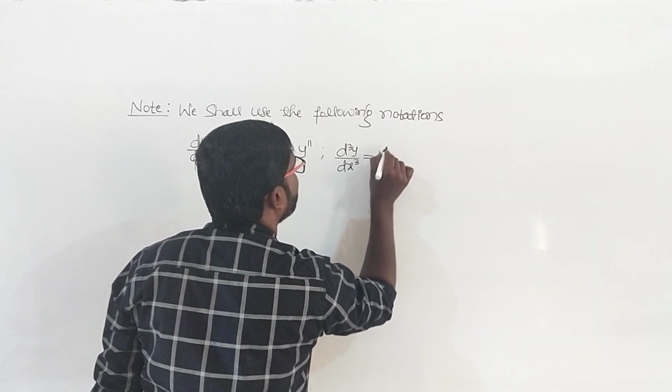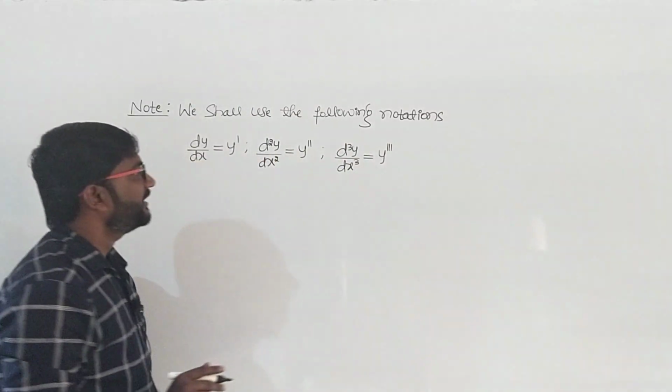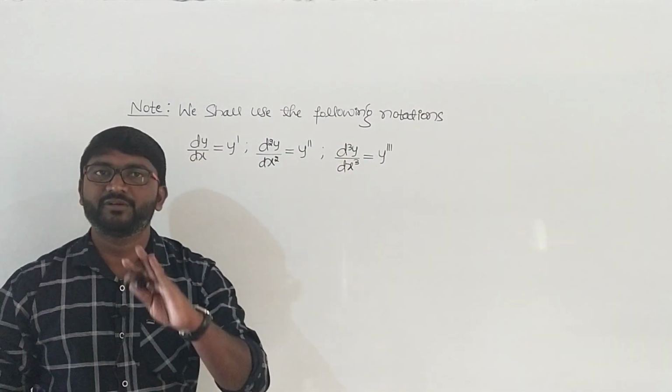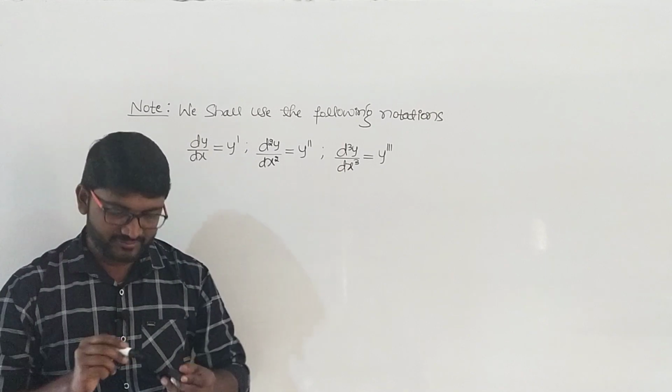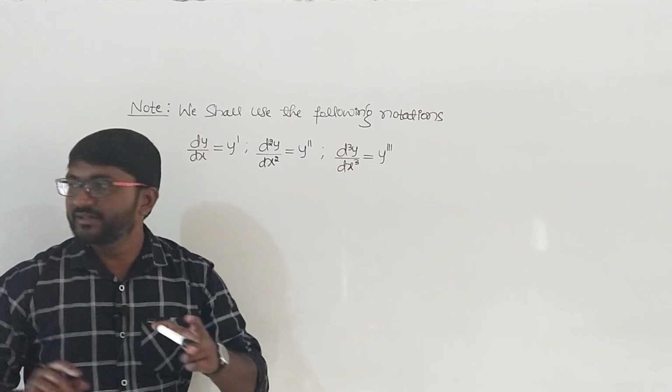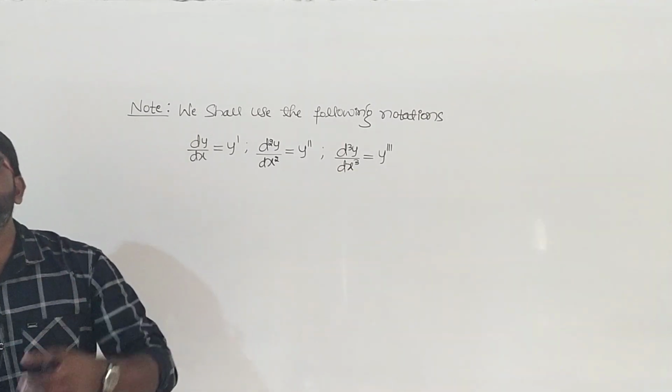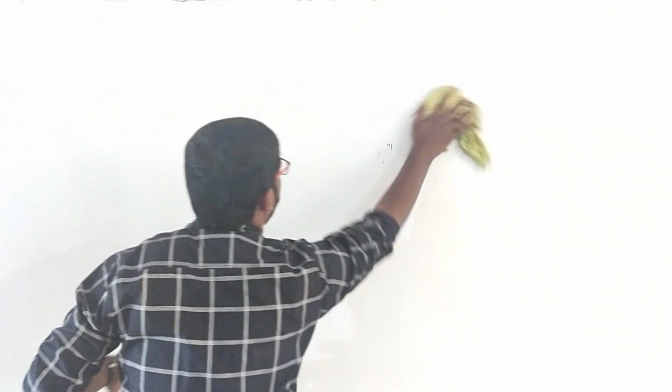These are some of the notations that we are going to use in this particular chapter. Next we are going to discuss an important concept, that is order of a differential equation and degree of a differential equation.